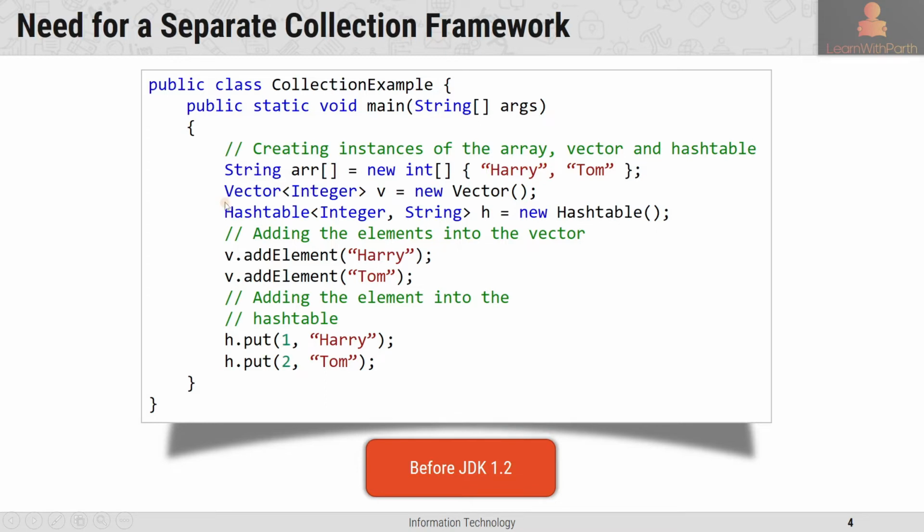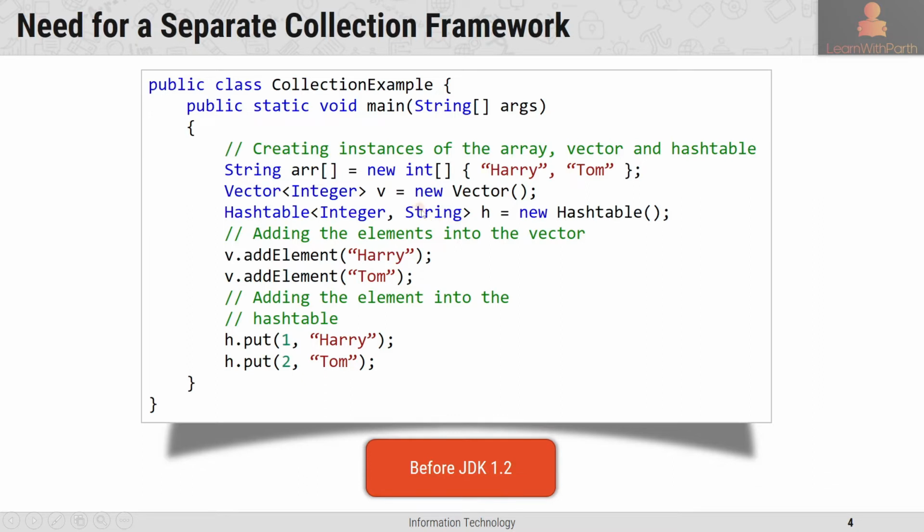Another way is to use the inbuilt Vector class, where I can define the generic type, any wrapper class or any class of Java. Here I have taken the example of Integer: Vector of Integer v equals new Vector. And we have one more, the Hashtable, which provides a way to have key-value pairs. Here you can see this could be your key and this would be your value.